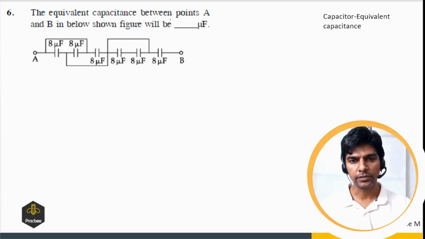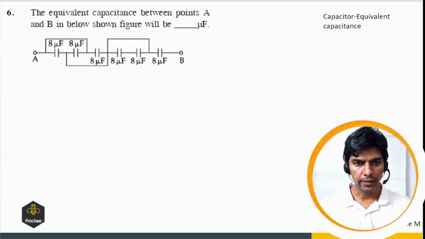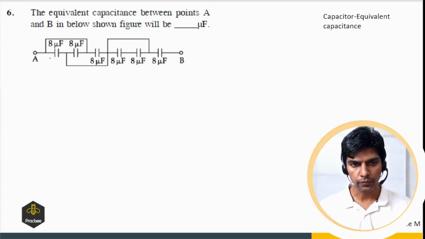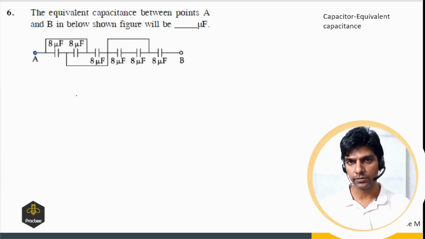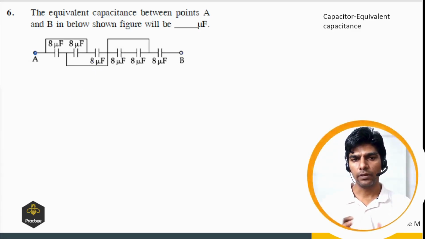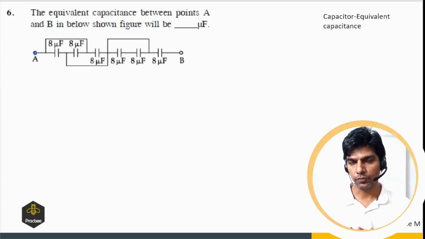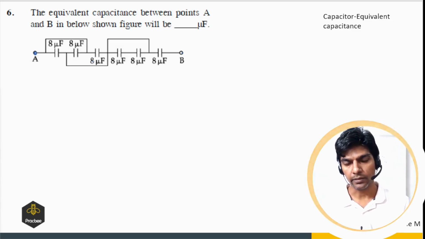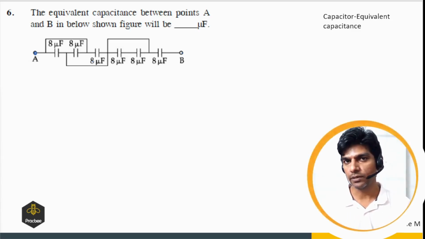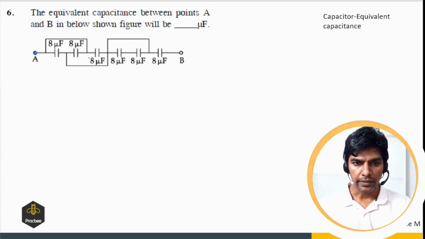The equivalent capacitance between points A and B in the below shown figure will be. So we have to find the equivalent capacitance between A and B, and we are given 6 capacitors. Whenever we have a large number of capacitors, first of all we have to figure out whether we have any short circuited capacitor or not, and then we have to look for the series and the parallel combination, right?